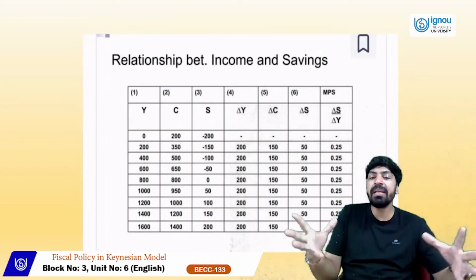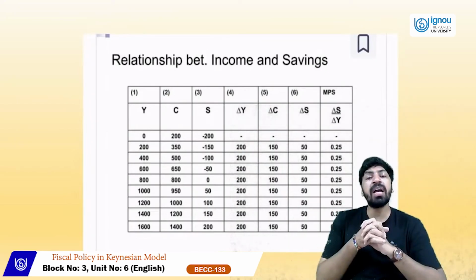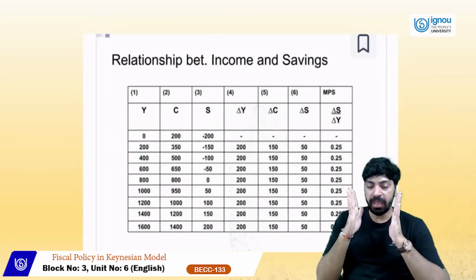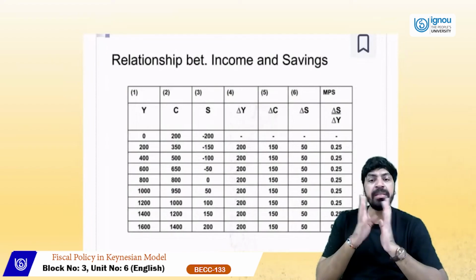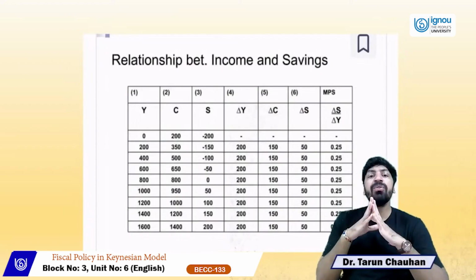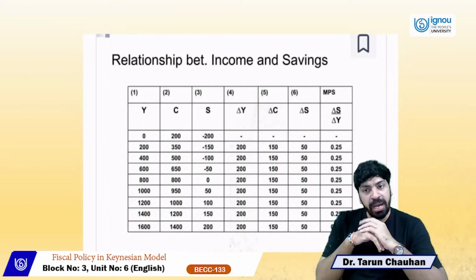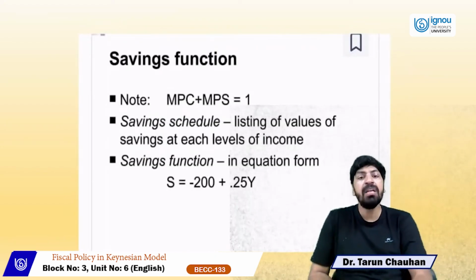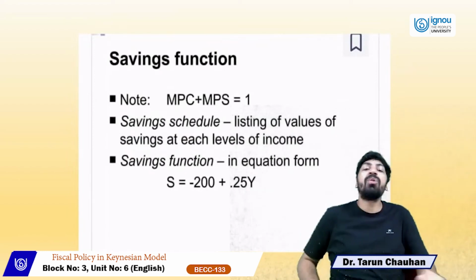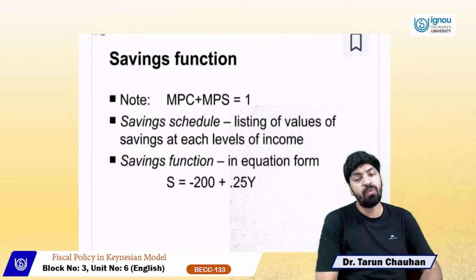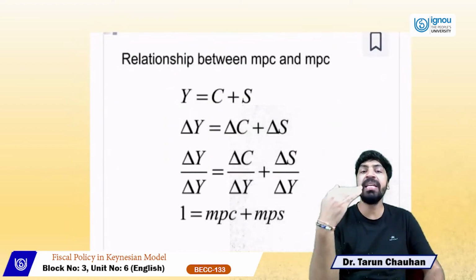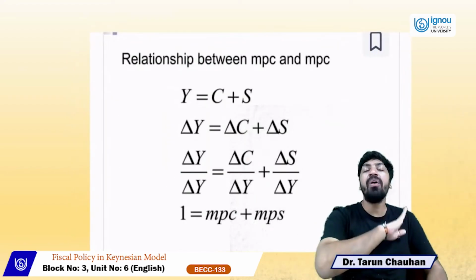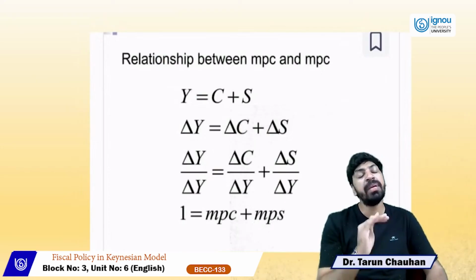That means this is how to formulate the saving function equation, that is S is equal to S-bar plus MPS Y. So S-bar is minus 200, MPS is 0.25, and Y. So the saving function equation would be S is equal to minus 200 plus 0.25 Y. And you can easily calculate the saving function equation at each level of income in the same way.